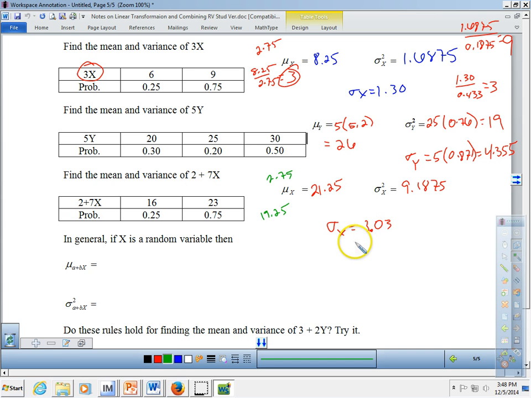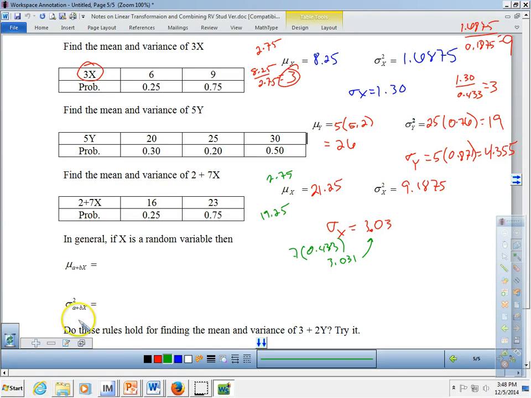Now take a look at your standard deviation. Your original standard deviation was 0.433. Now we already know that we're supposed to multiply that by 7. 0.433 times 7 gets you, looky there, 3.031, which is exactly what my new standard deviation is, without having to add the 2 to it.